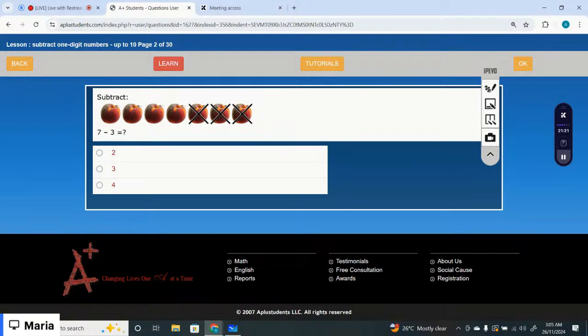Subtract 7 take away 3. You are given 7 of the peaches. 3 of them are crossed out. You need to count the ones that are not crossed out.